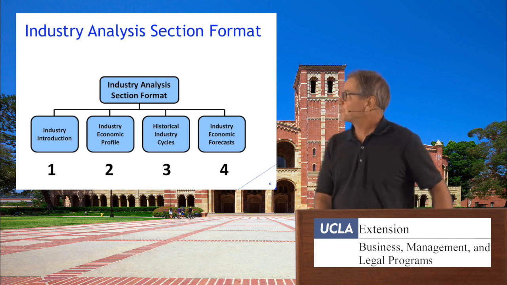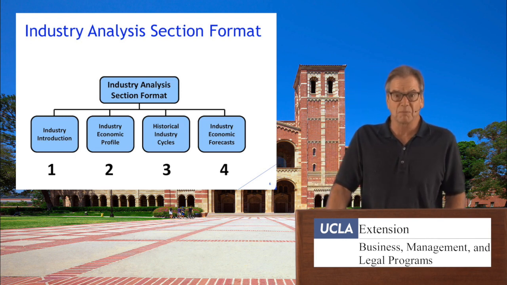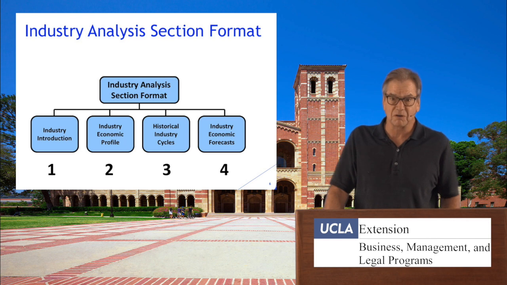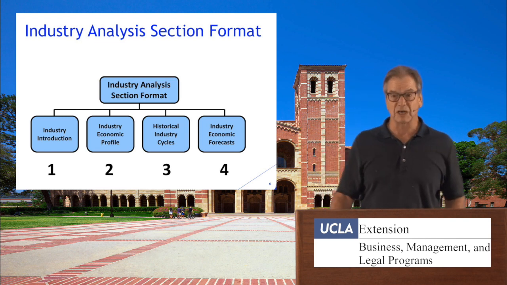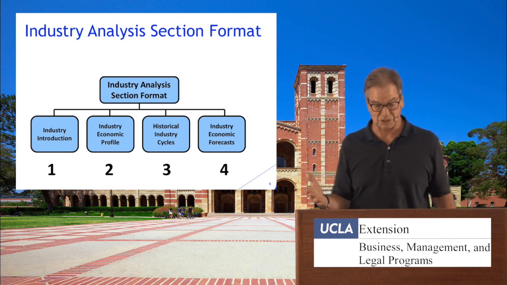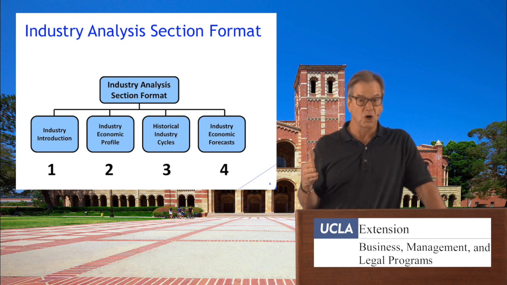Okay, so for the balance of our presentation on how to develop an industry analysis, we are going to talk about the 4 parts of an industry analysis, and I believe I'm going to be introducing you to 5 steps to creating these 4 articles.